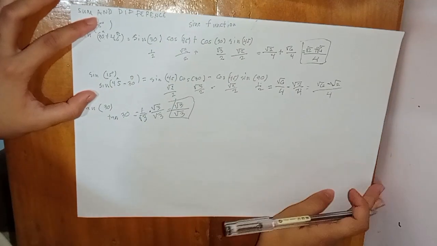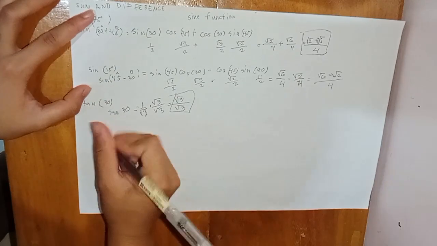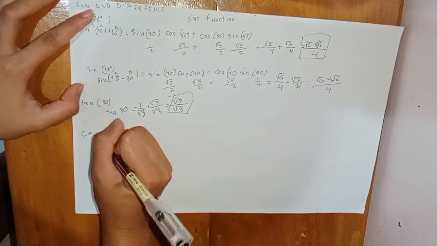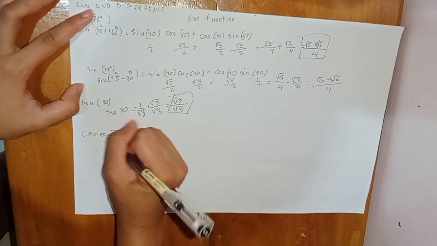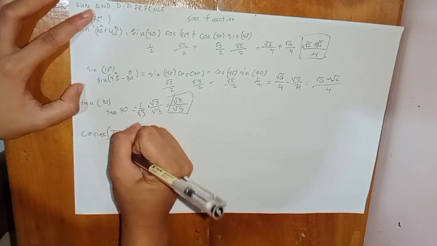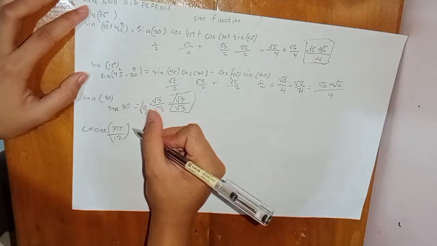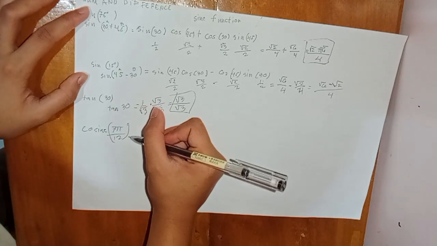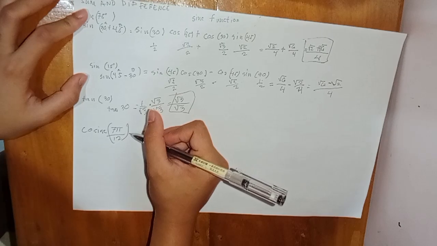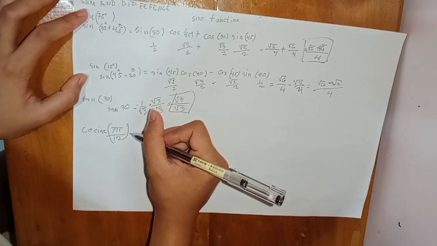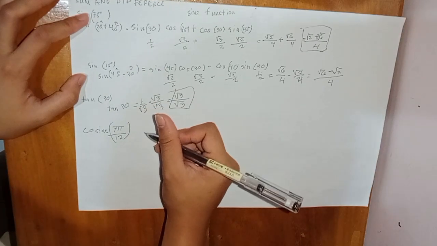So now, what about cosine 7 pi over 12? How can we evaluate this function? What's the first thing that you would do? First, let's convert the angle from radians to degrees.